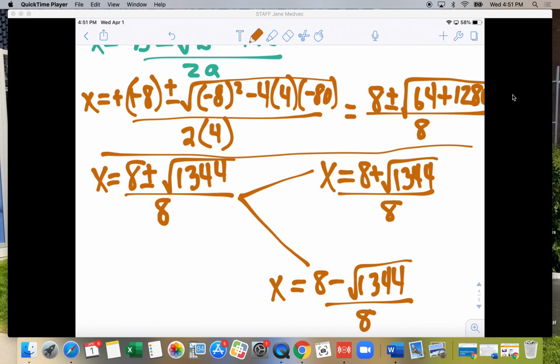Okay, so you're going to notice that we are really using a lot of the skills that we've learned previously. So I'm going to go ahead and take 8 plus, and you need to be careful on this, 8 plus the square root of 1,344.